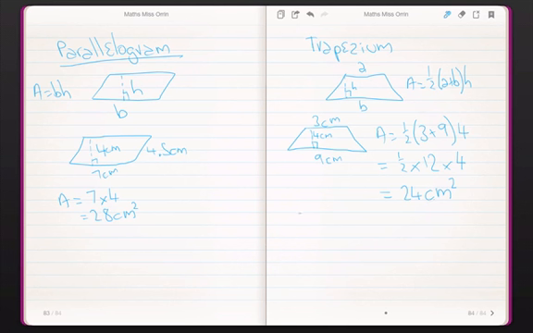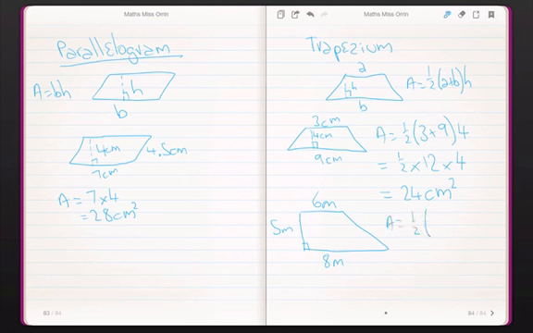Also, some trapeziums look like this, where they already have one straight edge. If they do, and there's a little right angle, you can use this as your height instead. So let's say this was 5 meters, this is 6 meters, and the bottom one's 8 meters, okay? You can use this as your height. You don't need a separate one in the middle, although if you did, it would be the same thing, so it doesn't really matter.